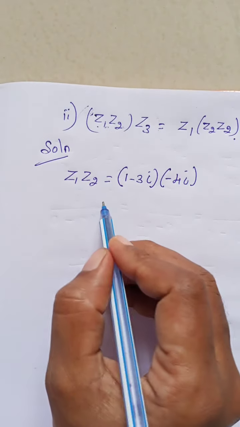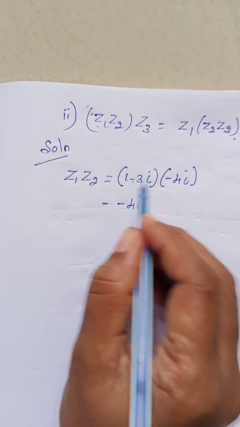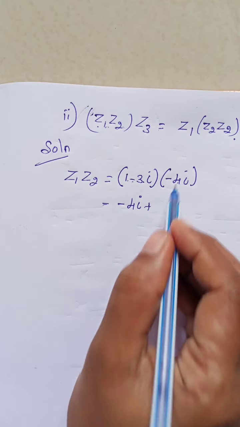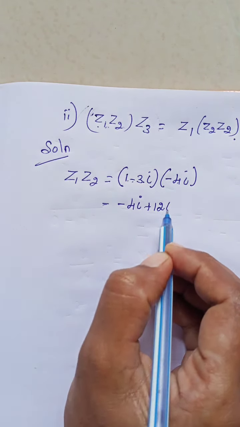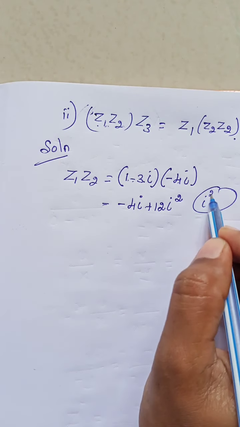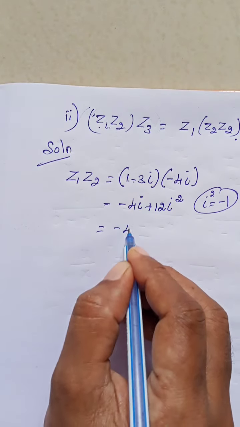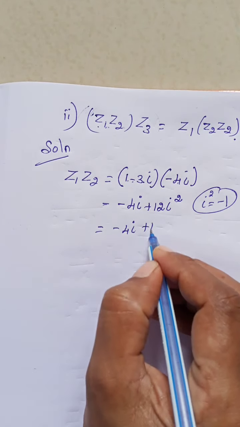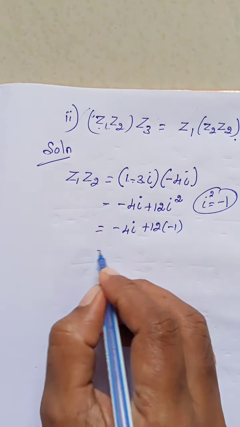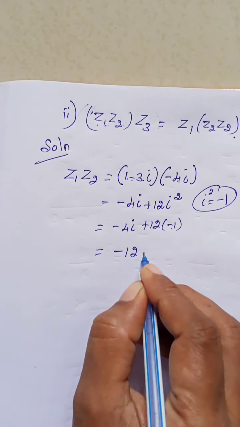Shall we multiply? 1 into minus 4i is minus 4i. Minus into minus is plus, 3 into 4 is 12, and i into i is i square. We know the value of i square is minus 1. So minus 4i plus 12 into minus 1.